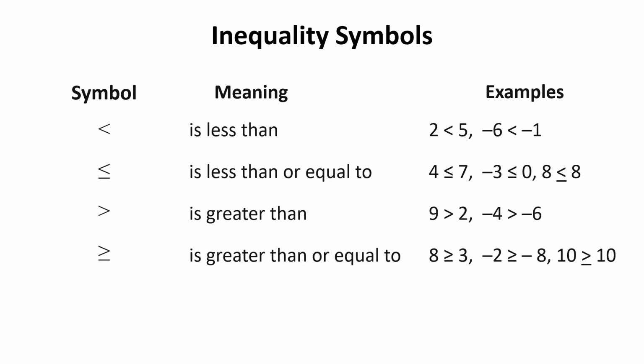And then last we have the greater than or equal to symbol, and this works the same way as before. 8 is greater than or equal to 3. That's true. -2 is greater than or equal to -8. And then the last one, 10 is greater than or equal to 10. That's a true statement.